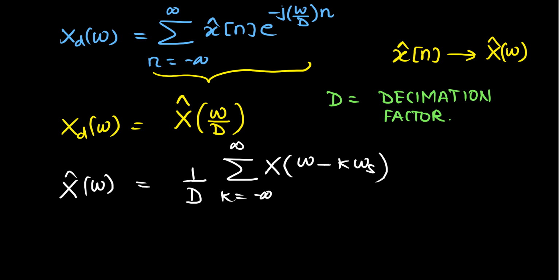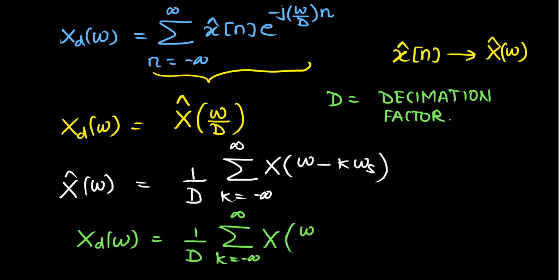So if we consider this scaling factor, then this x d of omega can be given as 1 by d summation k running from minus infinity to infinity x of omega by d minus k times omega s.